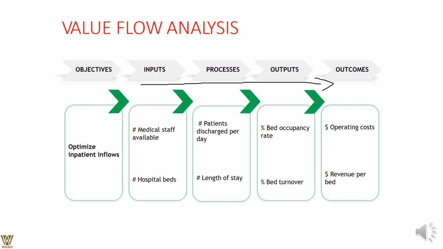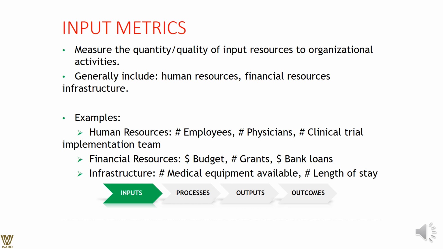If it is a production industry, it's the number of outputs, or TPD, as we call it, tons per day, or something like that. So we talk about the outputs, the results, the bed turnovers, and then operating cost and the revenue per user, as the case might be.